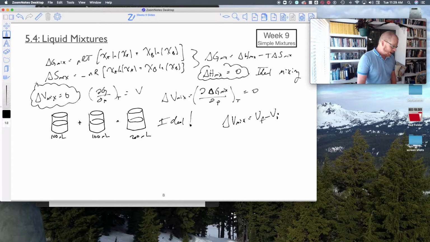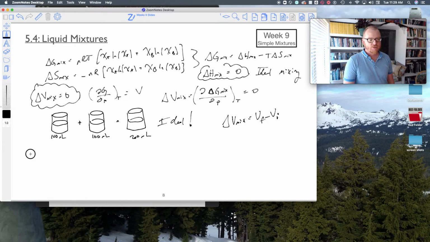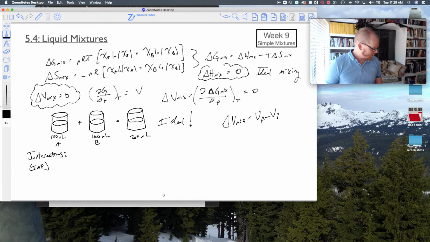And the final one I want to talk about are the interactions, so the intermolecular forces between these things. So suppose we had A and B that I was mixing. Okay? So now if we look at their interactions, or in other words, their intermolecular forces, the IMF, there are going to be interactions between an A and an A. So I'm going to draw that, and I know it looks like I'm saying a bond.